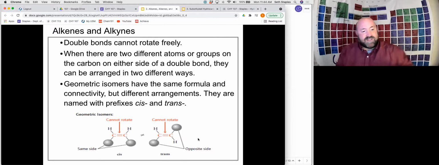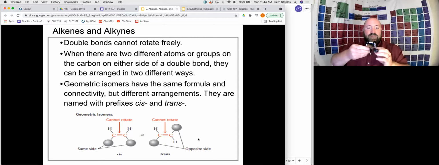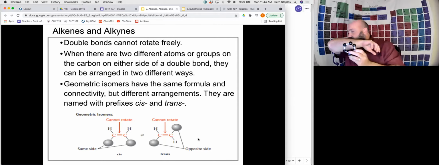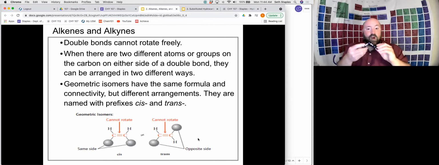Now, remember how I said with alkanes that they can rotate around these bonds all day. This one could really even be set up like this, or it could be like this, any conformation, because these single bonds can rotate all day long.